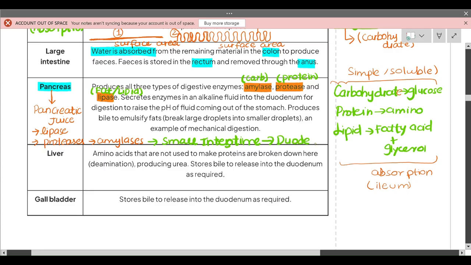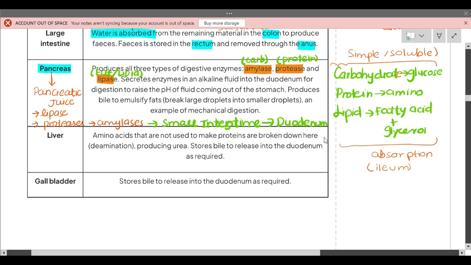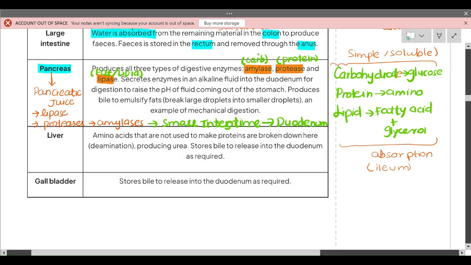Okay, let's move forward and talk about the liver now. Okay, before moving to liver, we were talking about the conditions. The conditions that are required for these enzymes that we have mentioned here, the amylase, protease and lipase, they require alkaline conditions.